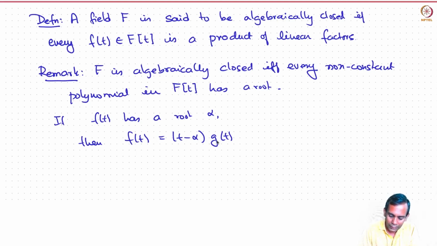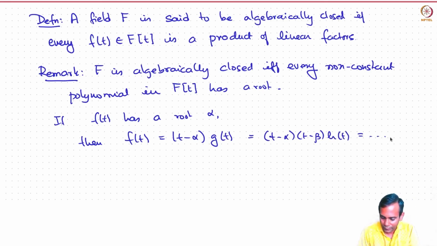And now by our hypothesis, g(t) has a root, and so then g(t) can be written as (t minus beta) times h(t), and so on until finally you get a resolution of f(t) into a product of linear factors. The last thing will be a constant, and so you'll get a constant times linear factors: t minus alpha, t minus beta, and so on.